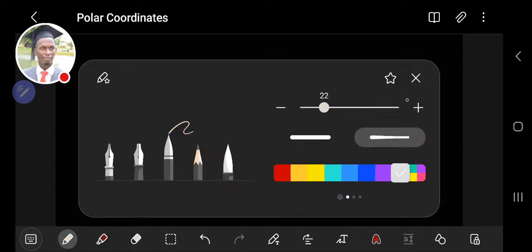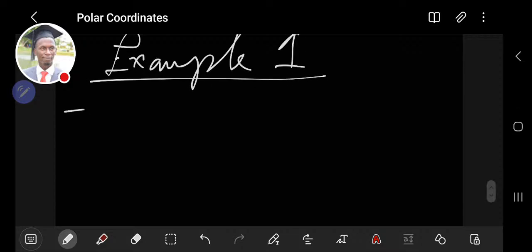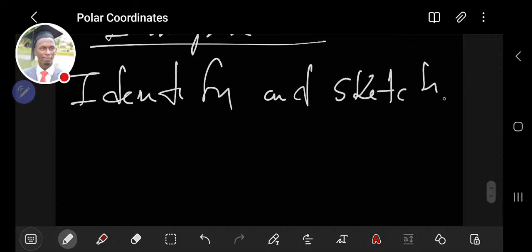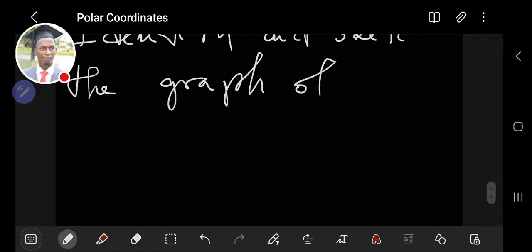Let's look at an example where we are trying to identify what we're dealing with based on the polar expression that we've been given. Let's say this is example 1. In this example, we want to identify and sketch the graph of the polar equation.